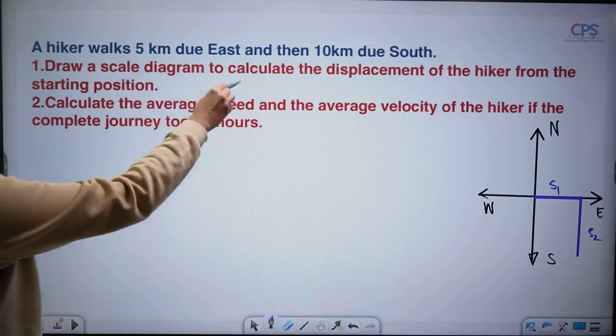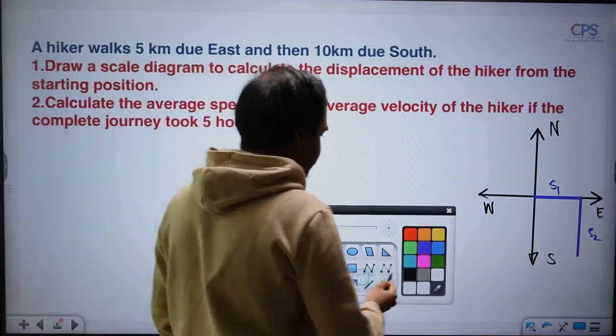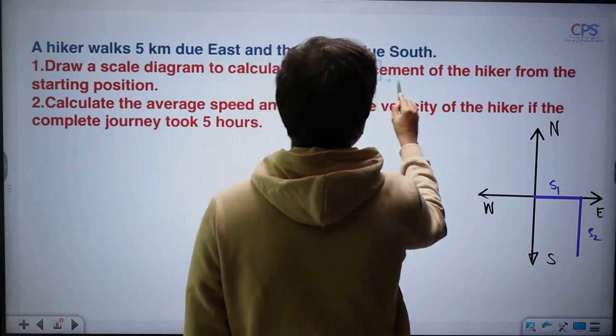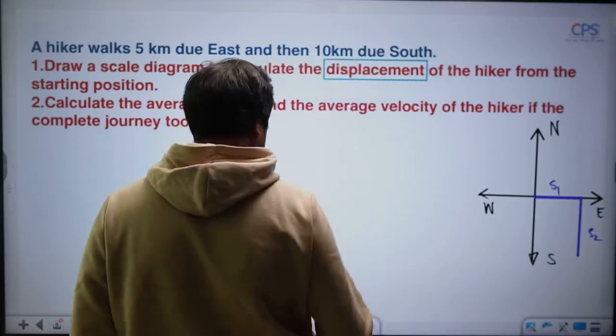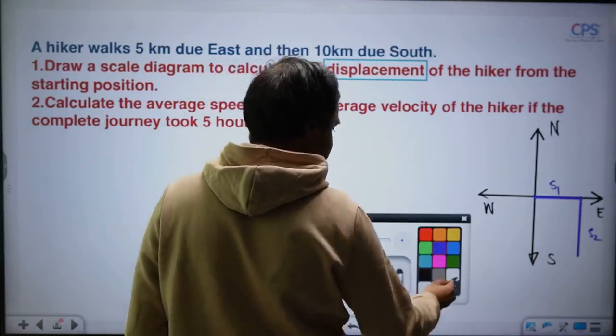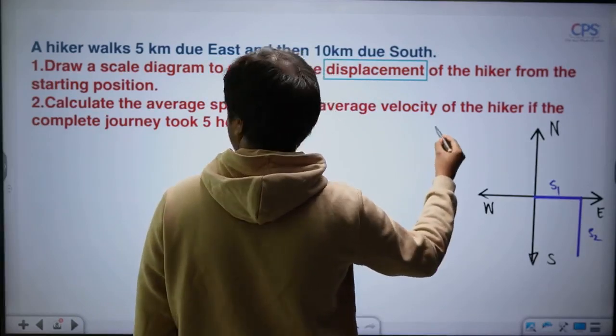Draw a scale diagram to calculate the displacement. So we have to carry out the calculations for displacement. What is the displacement here? This is now question number 1.